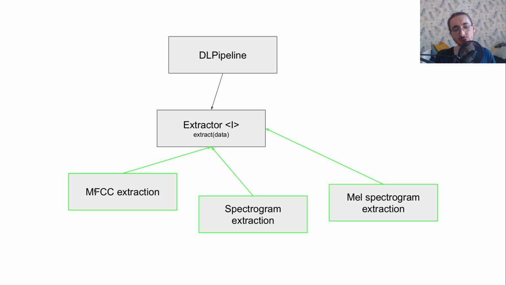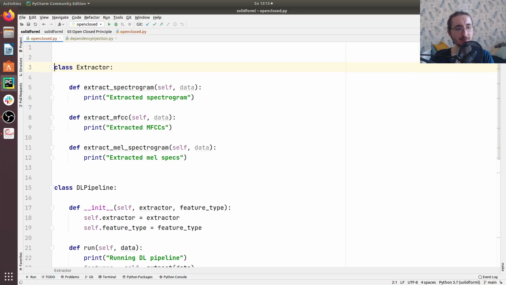So MFCC extraction, spectrogram extraction, and MELSpec extraction are subclasses of extractor, or we should say concrete extractors, and they will implement the extract interface here, but using different strategies. Hence the polymorphism that we mentioned earlier.